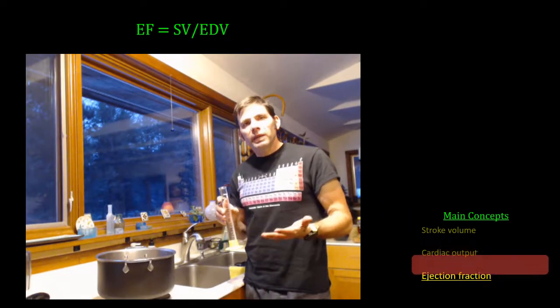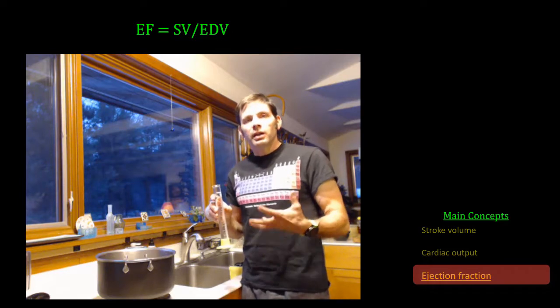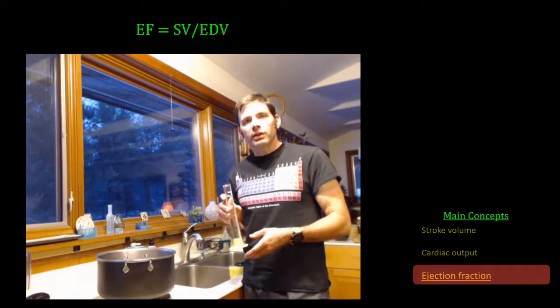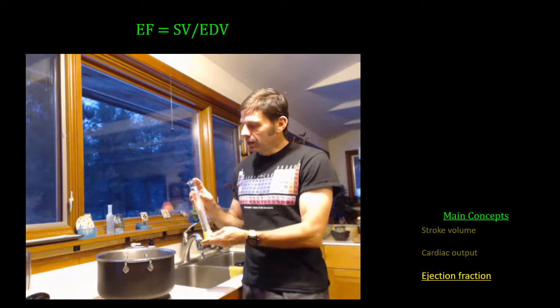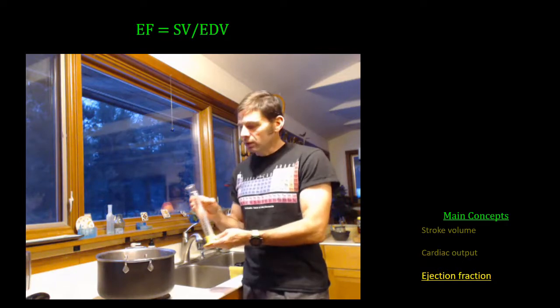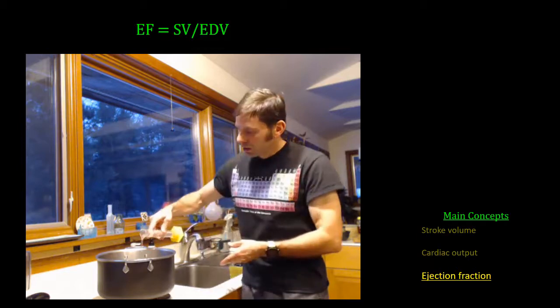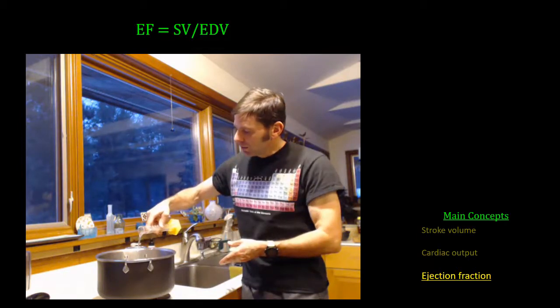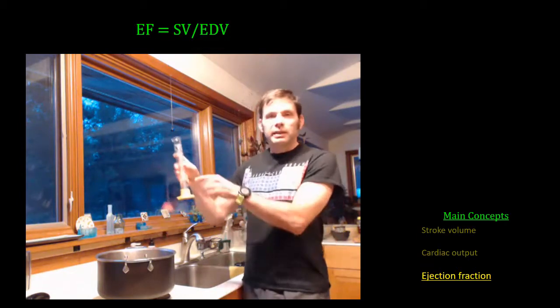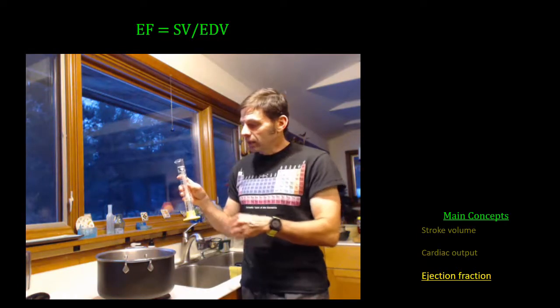We can use some information about stroke volume to get a feel for how the left ventricle is functioning. Again, if this cylinder is our left ventricle, it's filled to 100 milliliters to start. At the end of a heartbeat, there are, in this case, 35 milliliters left.